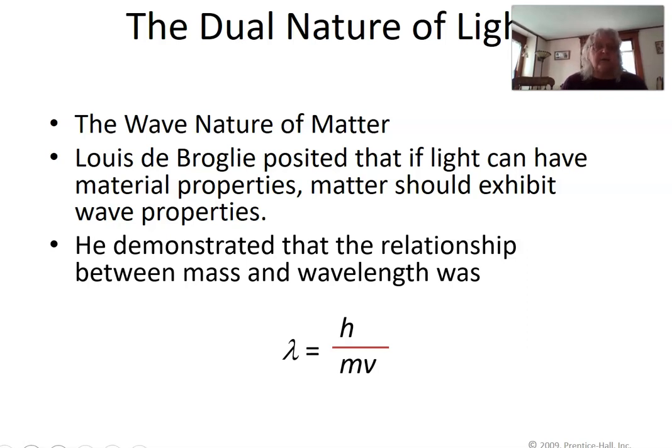He demonstrated that relationship between mass and wavelength using the equation that you see there on the slide. The problem is that most of the time the wavelength we would see would be so small that we wouldn't be able to detect it. Even though we can predict these wavelengths for material objects, they're too small for us to detect. But when we start talking about an object like an electron, we can come up with a wavelength that's associated with the motion of that electron.